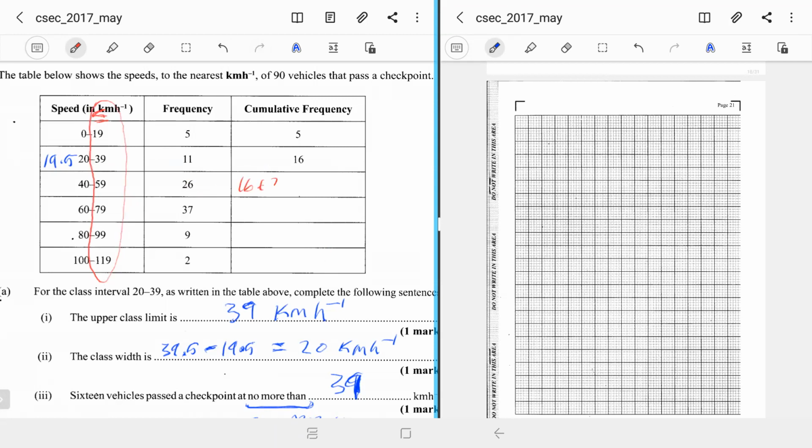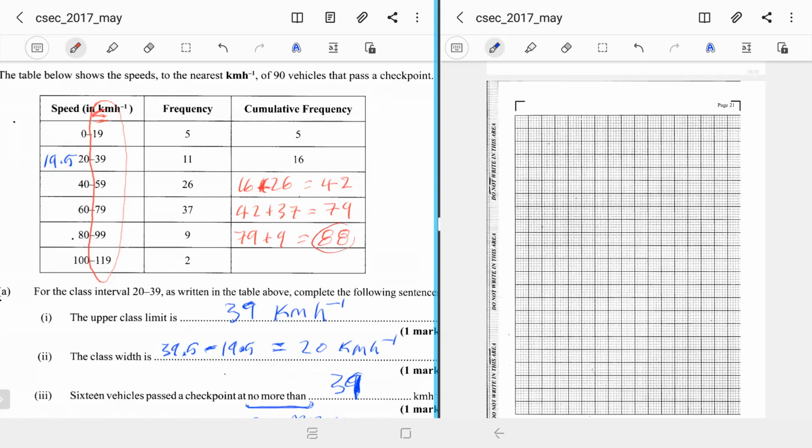16 plus 26. How much is that? 42. That's correct. Then you add the next 37 down here for the next group. So it's 42 plus 37. How much is that? 79. And then you add in the 9 more in this group. So it's 79 plus 9. That is 88.